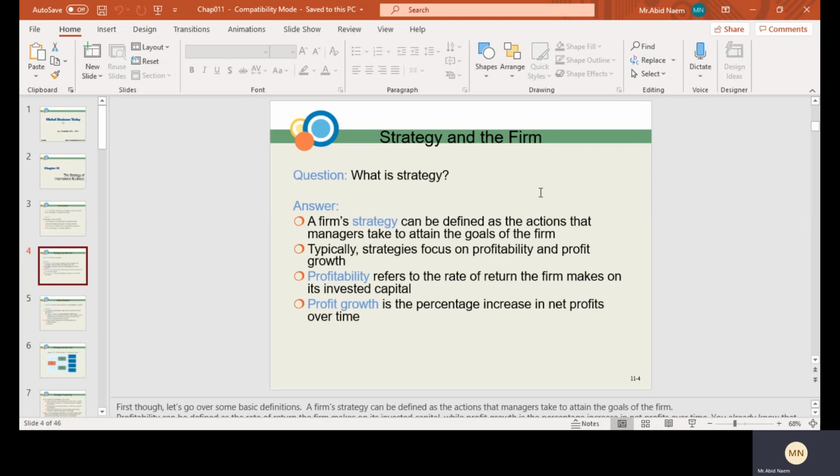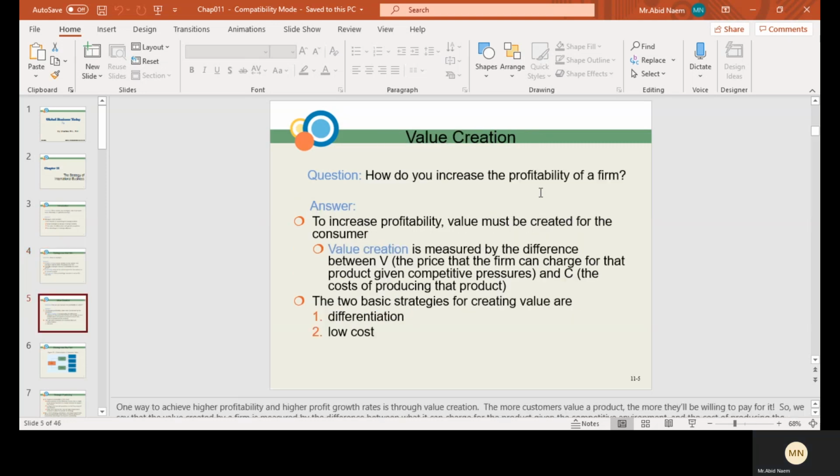I mean, if a firm is investing money in infrastructure, buildings, and product development, it is with the understanding that after a certain time it will pay back in terms of revenues and profits. At the same time, we have to understand the concept of profit growth, that is, the percentage increase in net profits over a period of time.